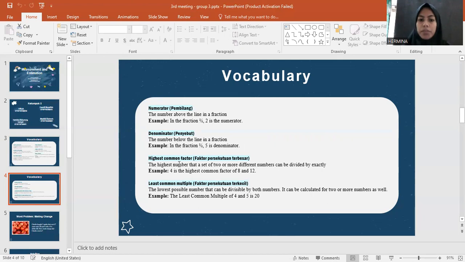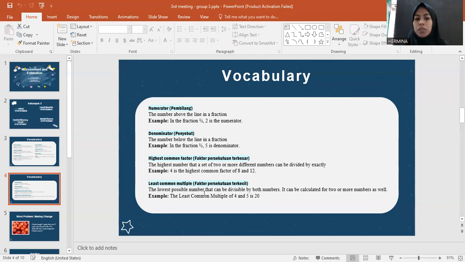Next, highest common factor, or we call it faktor persekutuan terbesar in Indonesian language. What is that? It is the highest number that a set of two or more different numbers can be divided by exactly. For example, 4 is the highest common factor of 8 and 12. From 8 and 12 we can use the 4, and if we connect it to fractions, the 4 will be the denominator of our answer.